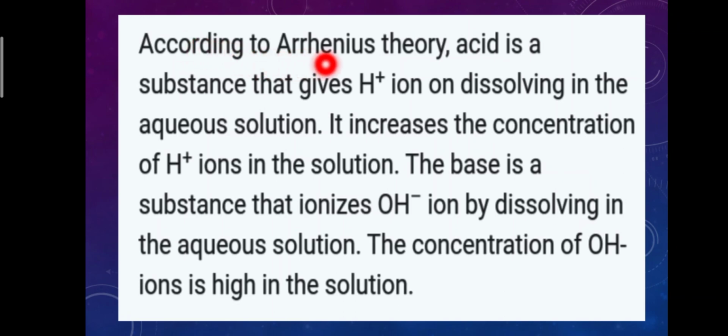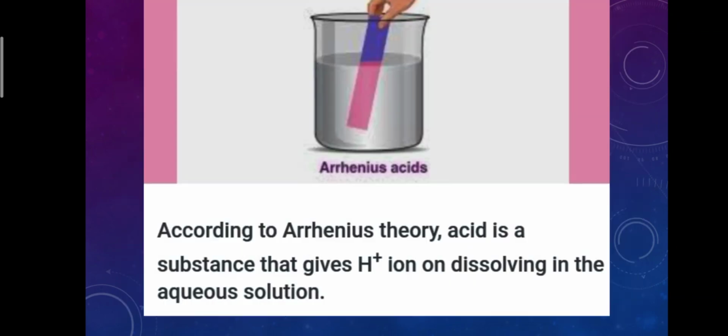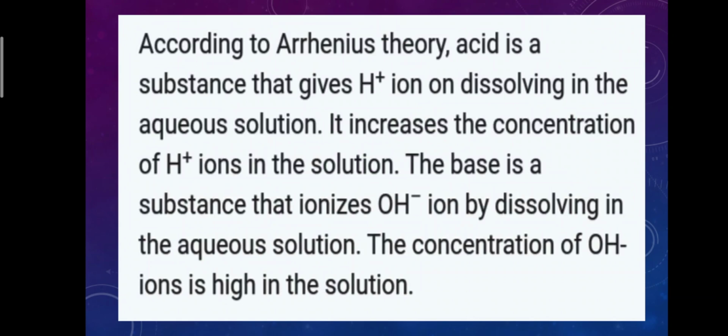According to Arrhenius theory, an acid is a substance that gives H positive ions on dissolving in the aqueous solution. It increases the concentration of H positive ions in the solution. The base is a substance that ionizes OH negative ion by dissolving in the aqueous solution.